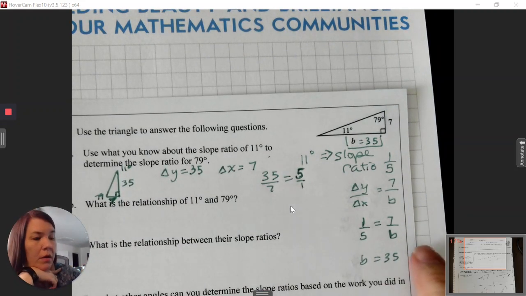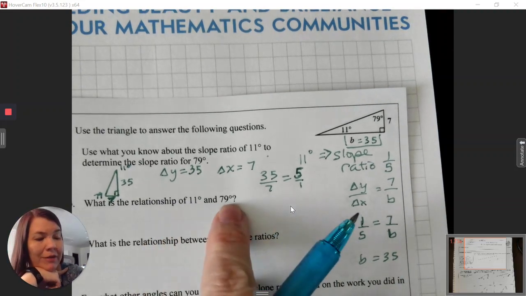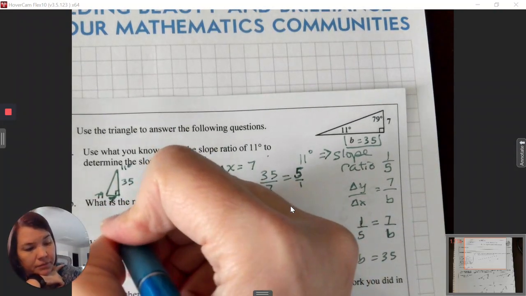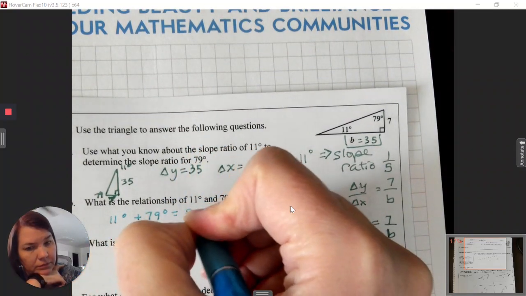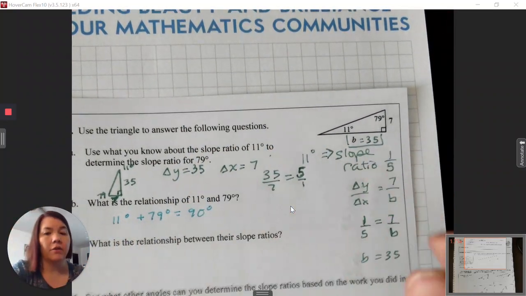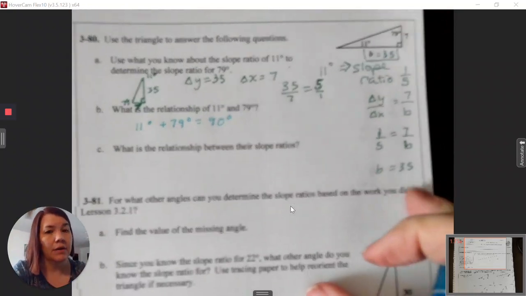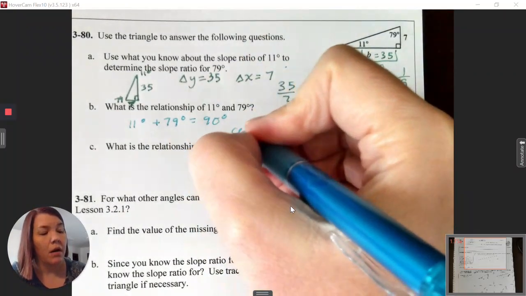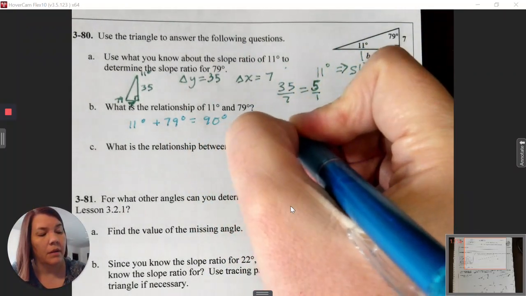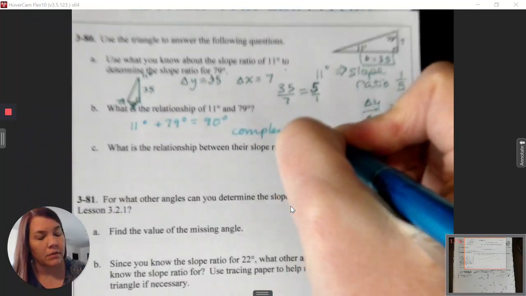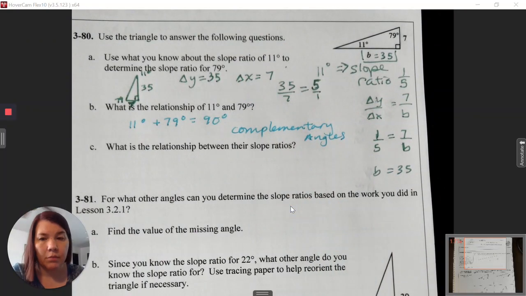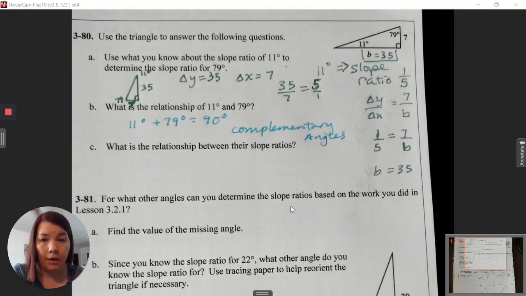So what is the relationship of 11 and 79? 11 degrees plus 79 degrees is 90 degrees, which means they are complementary angles. Complementary angles. They add up to 90.